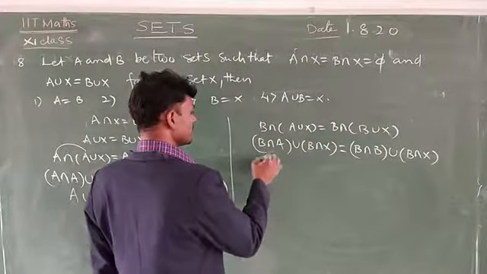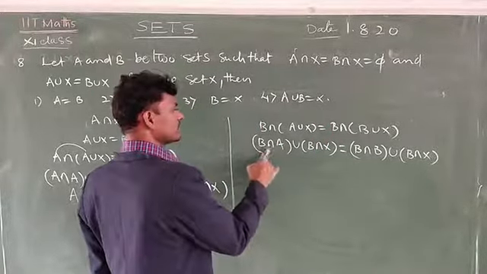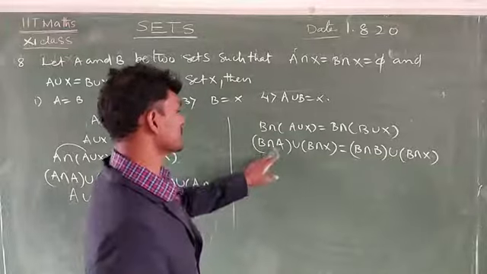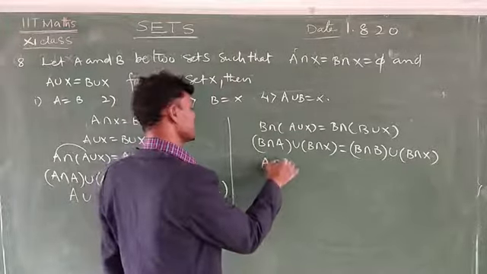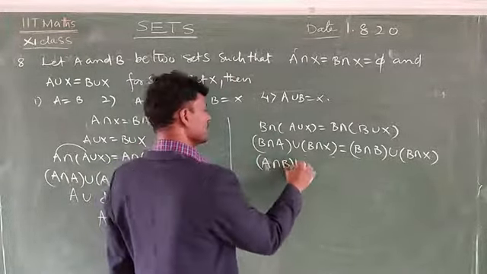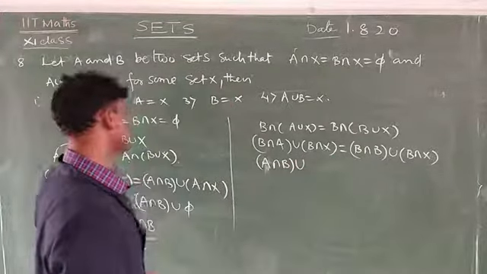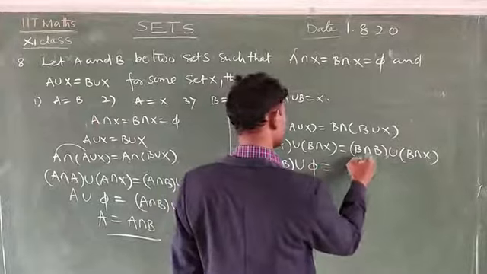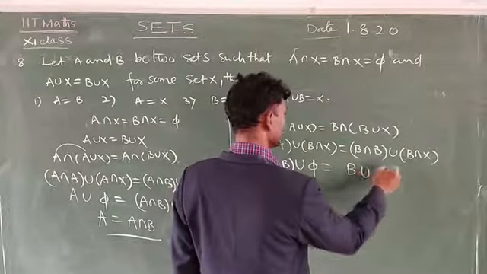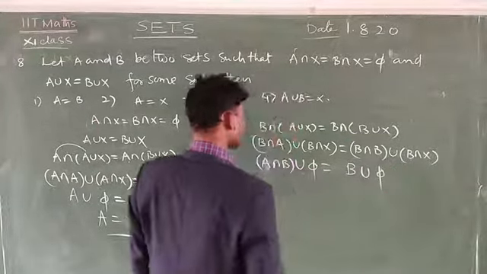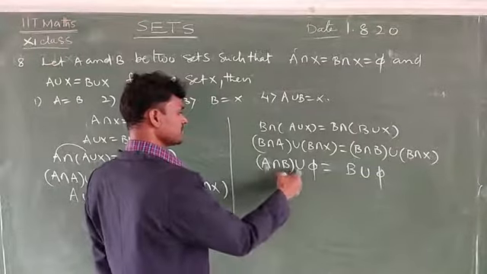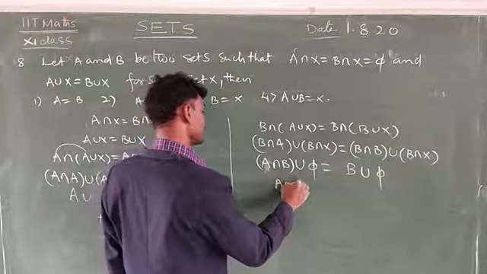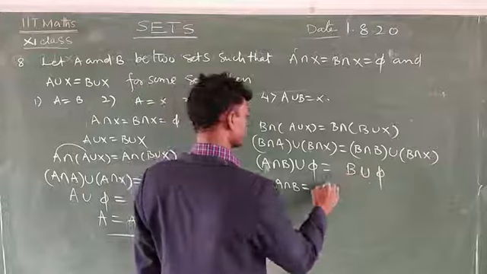Now see here, the commutative law under intersection is possible. Then you can write A intersection B is equal to B intersection A, union B intersection X is equal to φ. Then B intersection B is equal to B, union φ. Now A intersection B union φ is equal to A intersection B only. Next, this is also B.